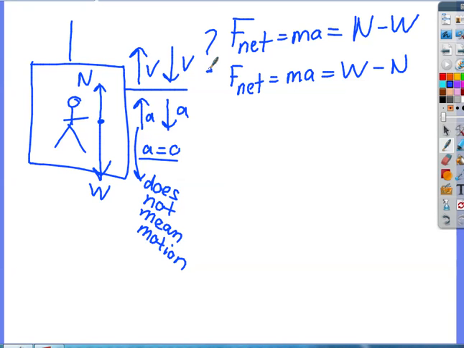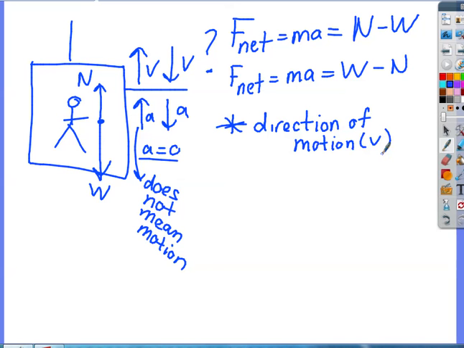Well, it's actually fairly simple. The way you know which formula to use is when you know the direction of motion. The direction of motion will tell you. The velocity will tell you.